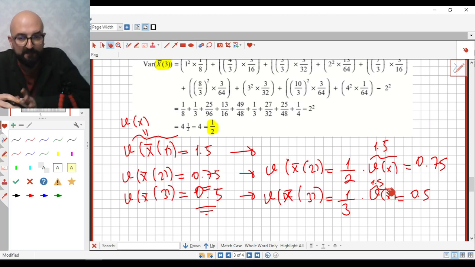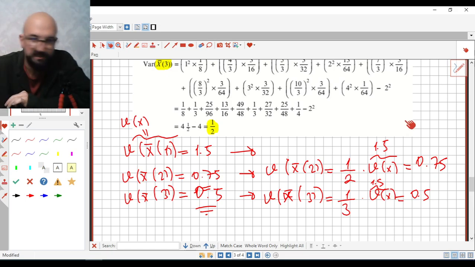Okay, we explored the variance of sample means of different sizes and their relationship.